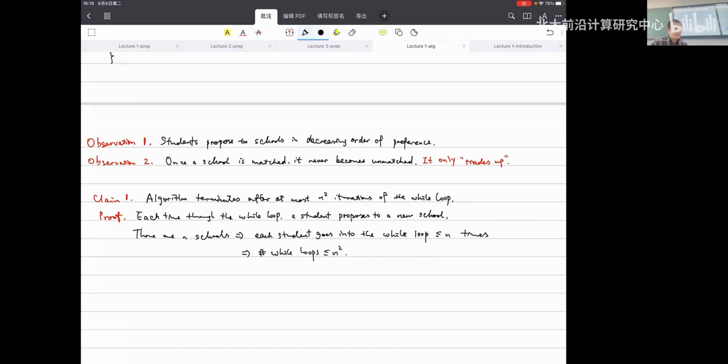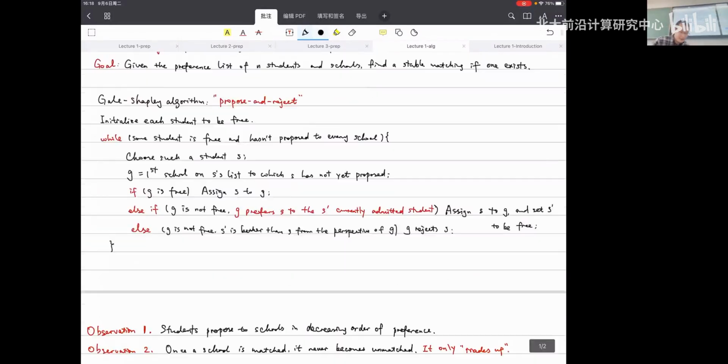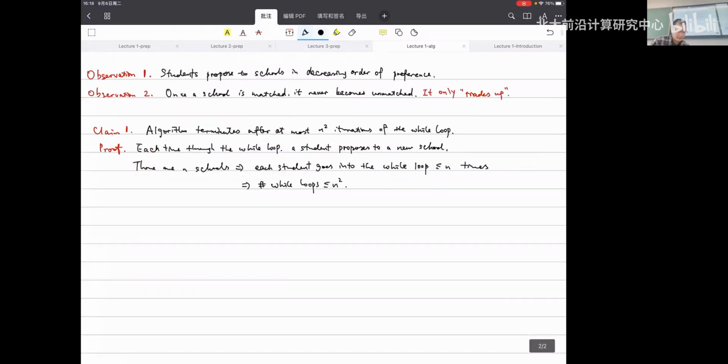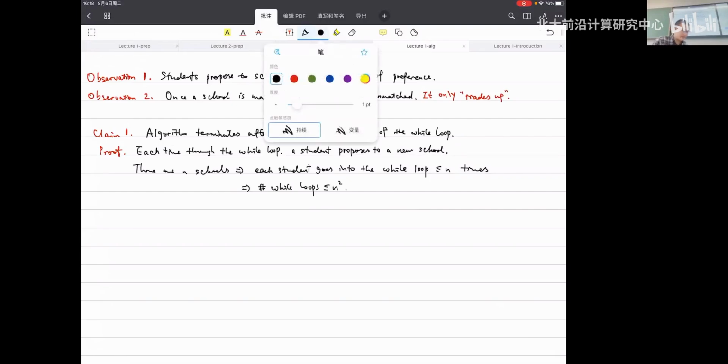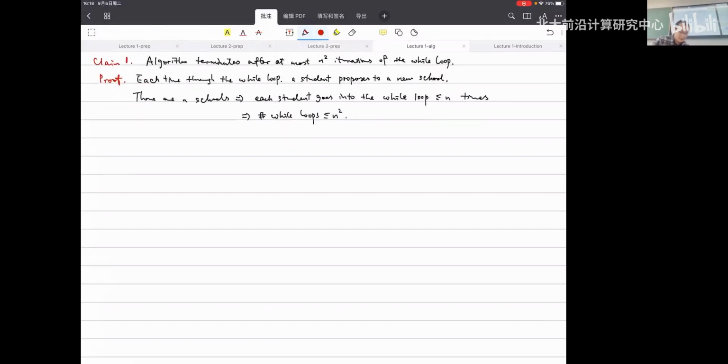Okay, so although the complexity of this algorithm is not totally apparent, based on these two relatively simple observations, you can see that the algorithm is going to terminate after n squared iterations of the while loop. The next claim is going to be a little bit more sophisticated.